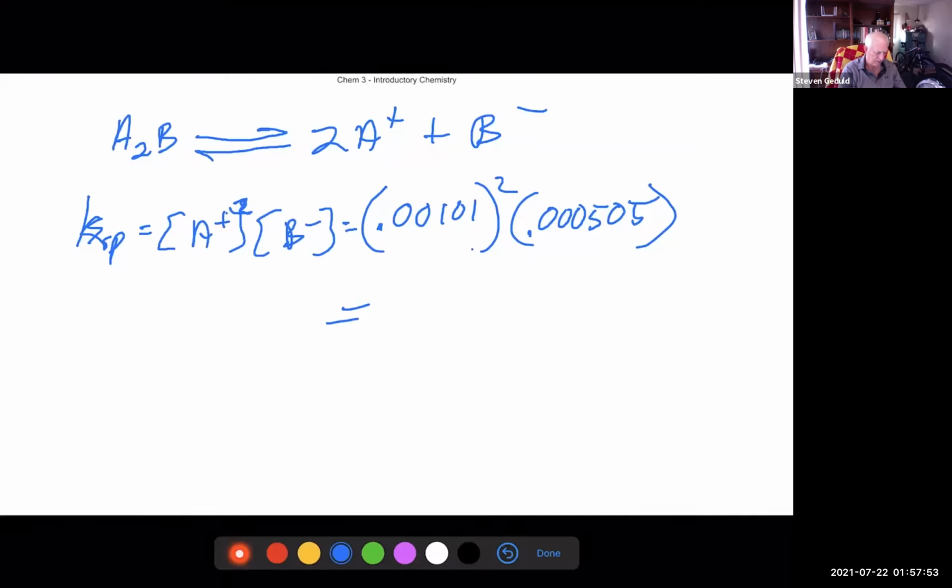All right, 0.00101 squared times 0.000505. That equals 5.15 times 10 to the minus 9. Did I do that right?